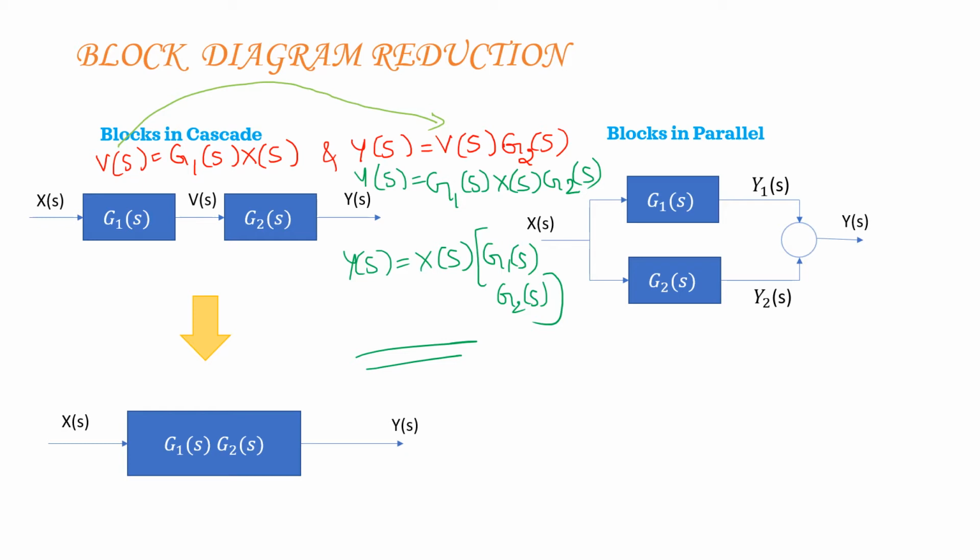This is the simplest form if the two blocks are connected in cascade.